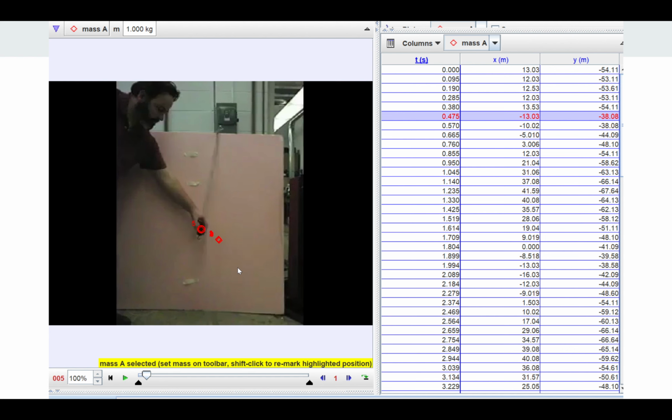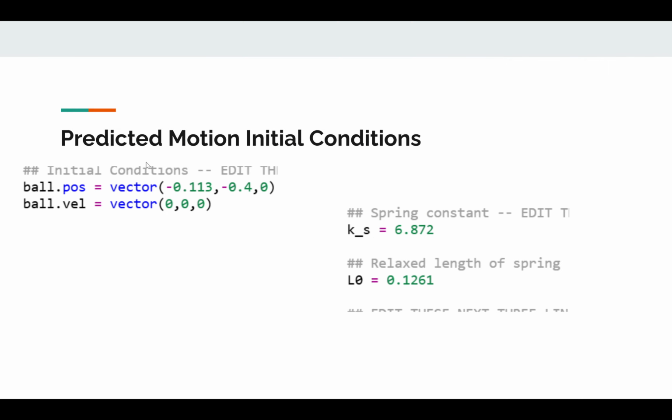Alright, so here's my tracker, right? I tracked the mass when the dude dropped it, and I got that graph. That's giving it in centimeters, so you had to convert all of that to meters pretty much, but you get the deal. Bang. So here are our initial conditions. The initial velocity is going to be 0 because it's not moving.